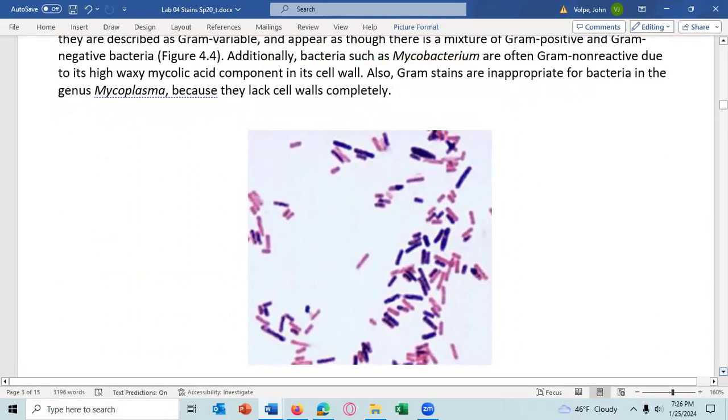Mycolic acid is a lipid, and this lipid resists stains and other material which dissolves in water. The gram stain is dissolved in water, and so when we stain the cells, members of the family Mycobacteria tend to stain lightly.